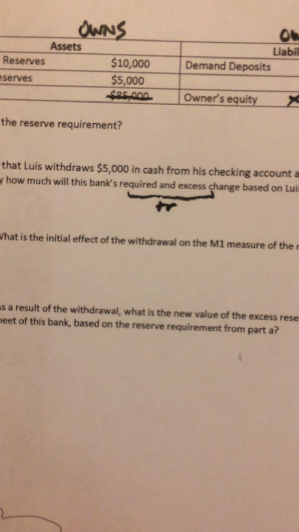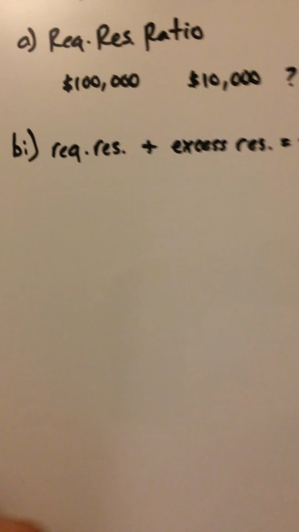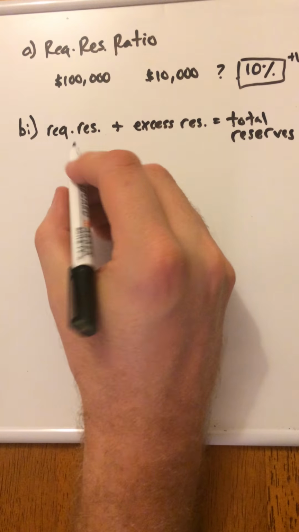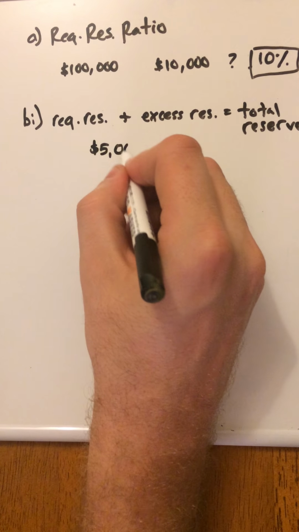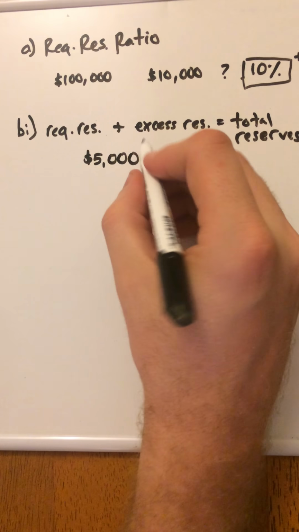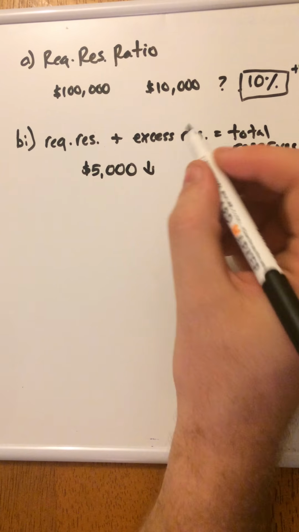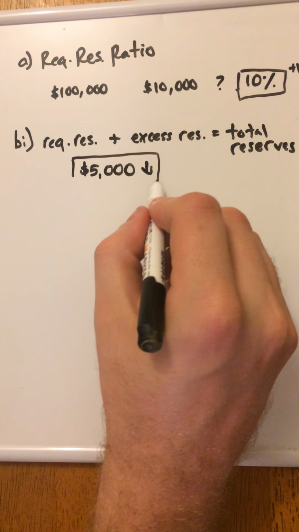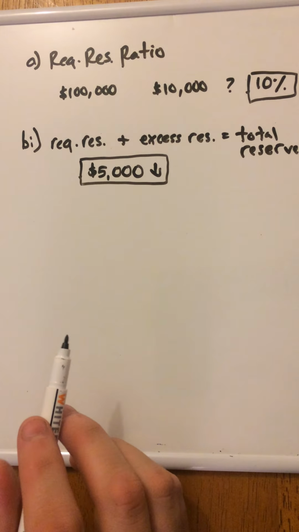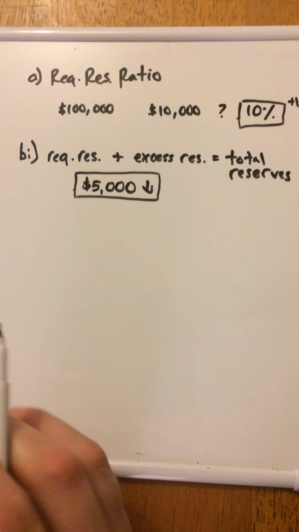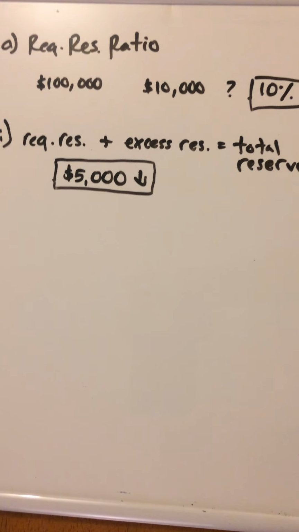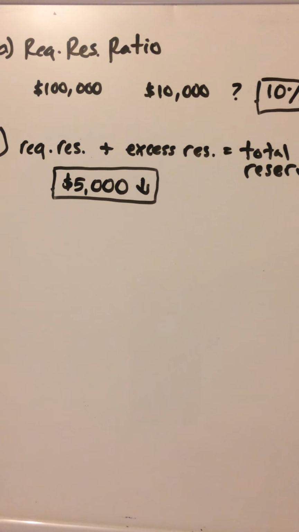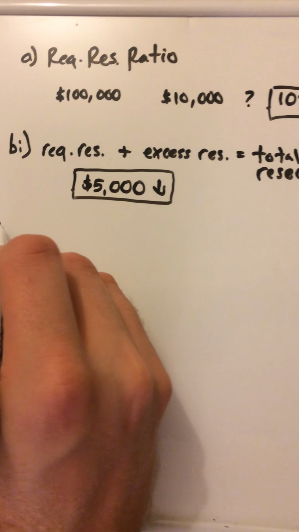So it's really asking by how much do total reserves change as a result of that withdrawal? Well, if he took out $5,000, the bank's total reserves decrease by $5,000 because a customer came in and took money, his own money, which he's allowed to do, out of the bank. And that's it. Again, the reason why we can interpret required and excess reserves, that's supposed to be interpreted as the total reserves.